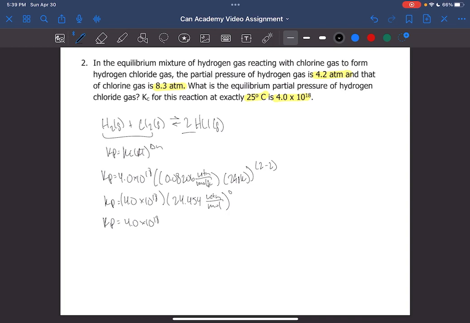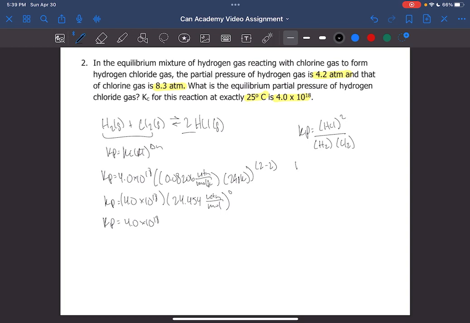And with that, we can use the equilibrium expression to find the partial pressure of HCl specifically. So this equilibrium expression is going to be Kp equals the partial pressure of HCl squared, because there is the coefficient of 2 right in front of it, over the partial pressure of hydrogen gas times the partial pressure of chlorine gas.